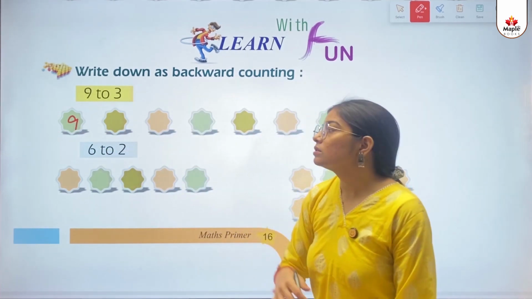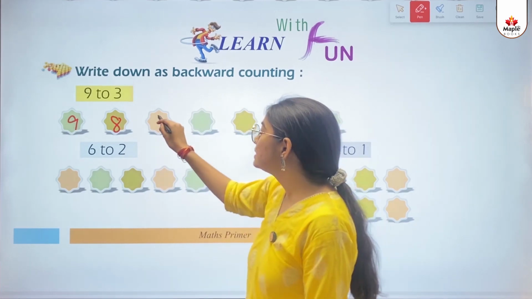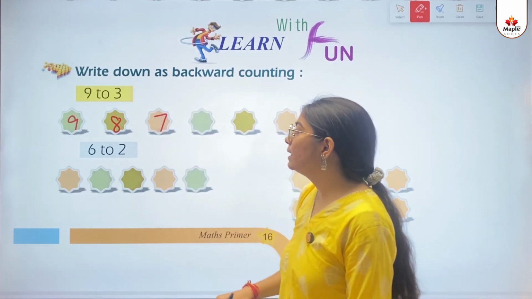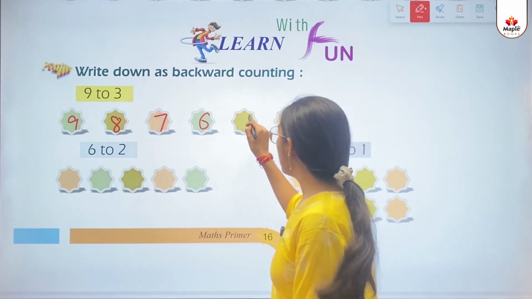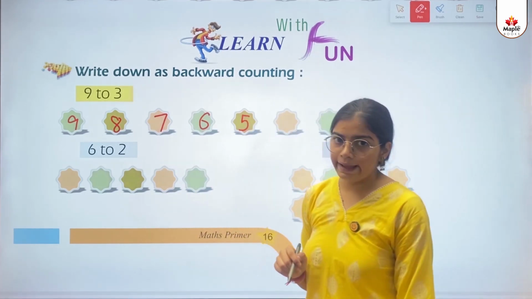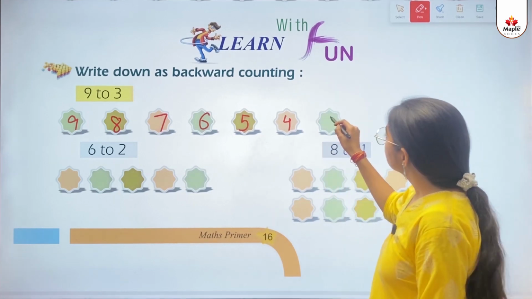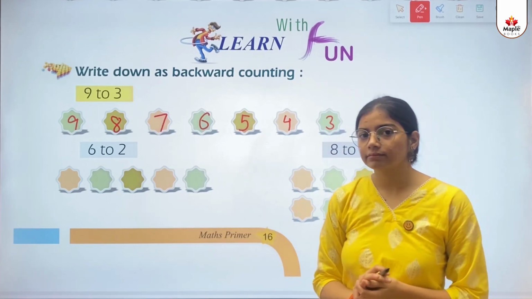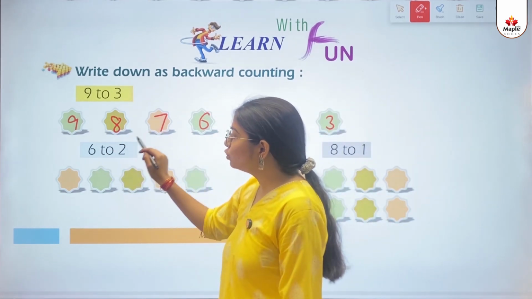9. What comes before 9? 8. Then 7. Then 6. Then 5. Then 4. Then 3. Done? Then next one. 6 to 2.